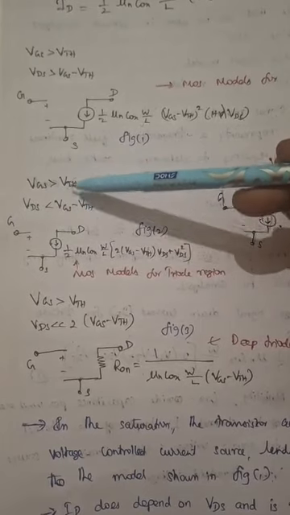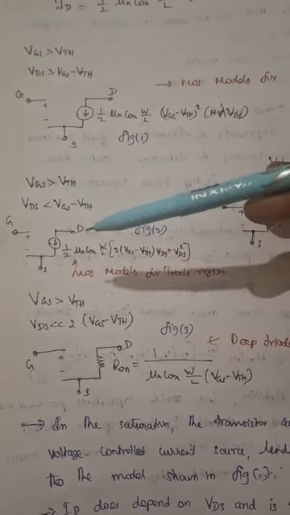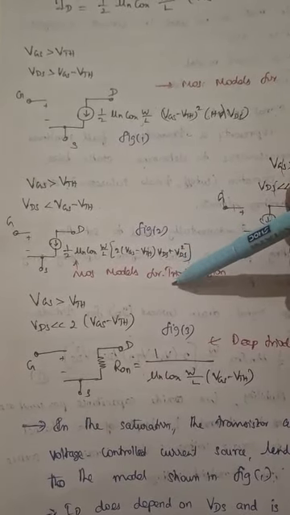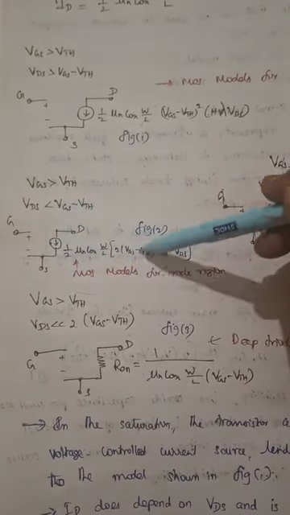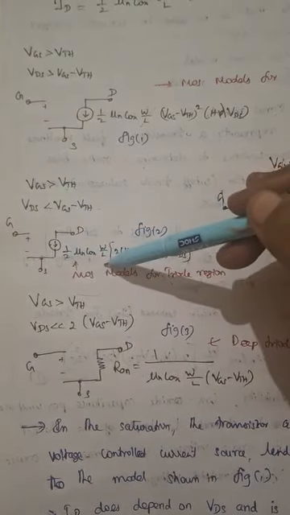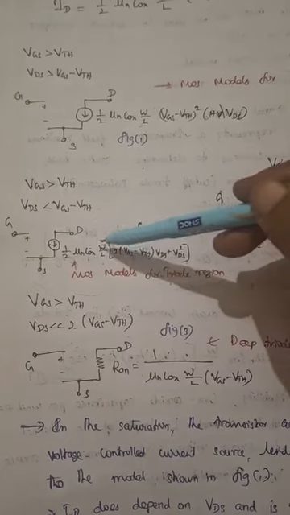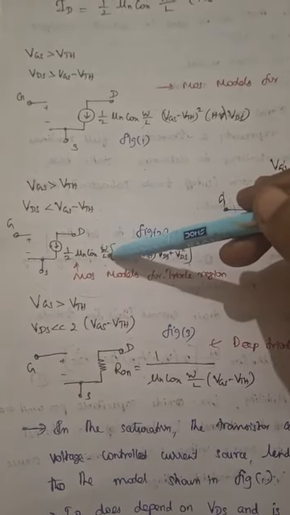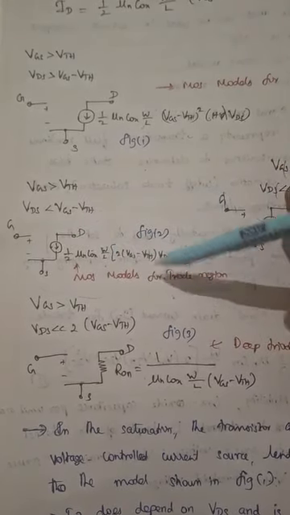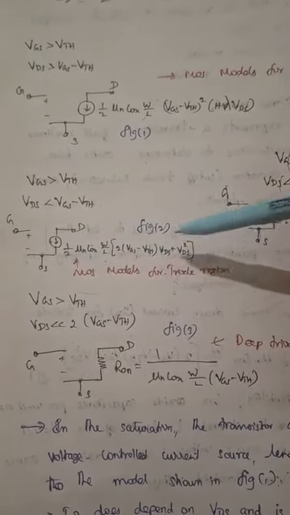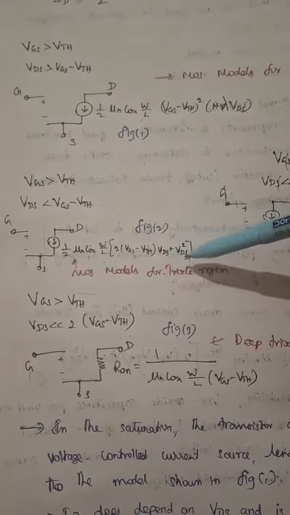When these two conditions are met, the transistor is in linear or triode region. So what is the drain current ID of your transistor when it is in triode region? Half mu n Cox W by L into twice of VGS minus VTH into VDS minus VDS square.